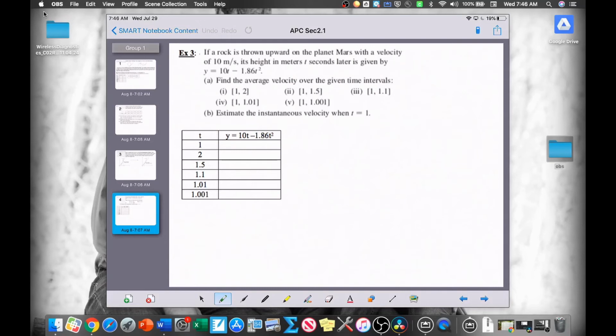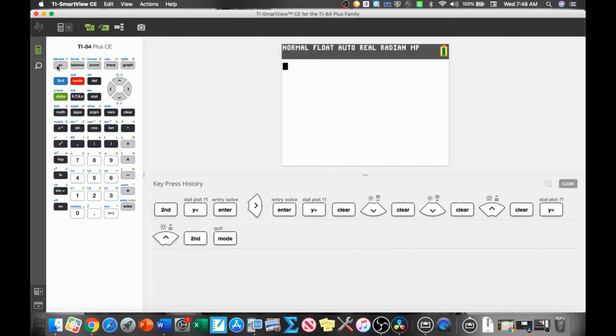Now, one thing that I wanted to show you at this point that I haven't shown you yet is the table function on your calculators. So if you go ahead and grab your graphing calculators, go to y equals, and put your function in for y1, which is 10t minus 1.86t squared.